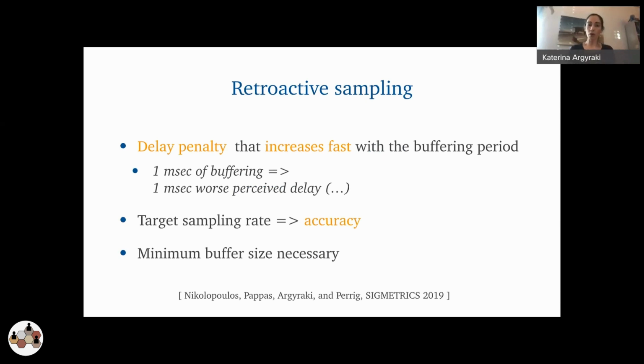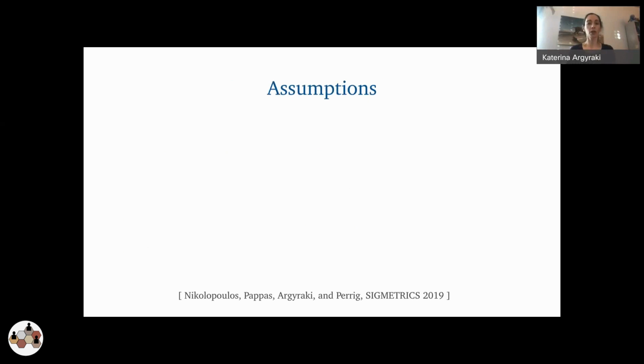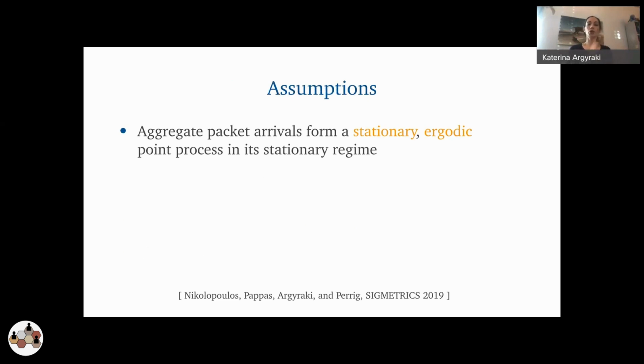Even though I didn't really give technical details about the sampling function, I do want to state our assumptions, even briefly. We assume stationary ergodic point processes for the packet arrivals, and we assume that the ergodic convergence is achieved within 100 milliseconds or so. Where does 100 milliseconds come from?